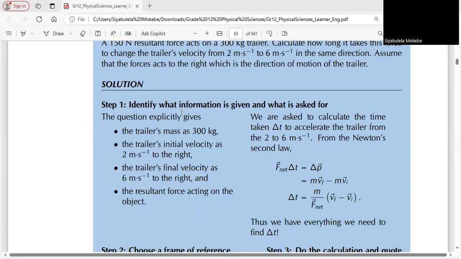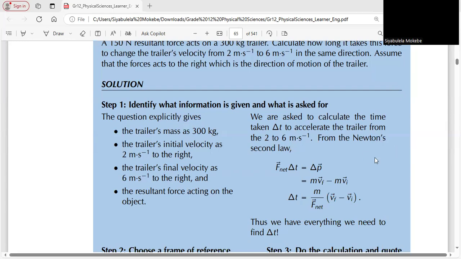Step 1: identify what information is given and what is asked for. The question explicitly gives the mass of the trailer, the trailer's initial velocity, the trailer's final velocity, and the resultant force. We are asked to calculate the time taken to accelerate the trailer from 2 to 6 meters per second.